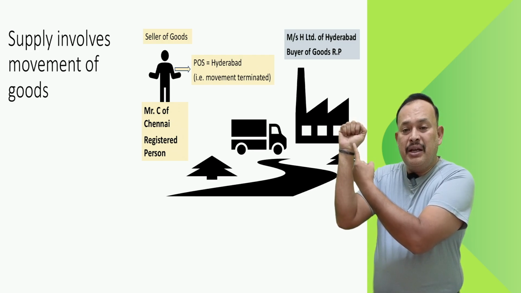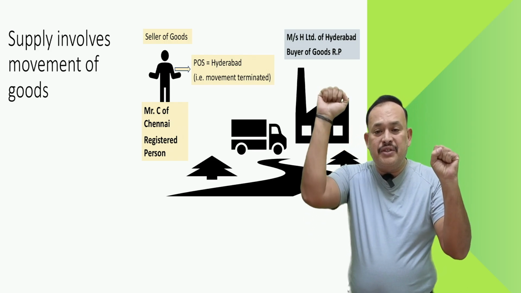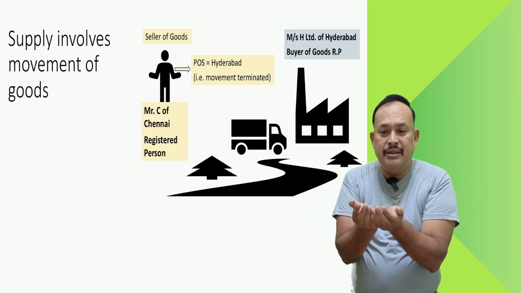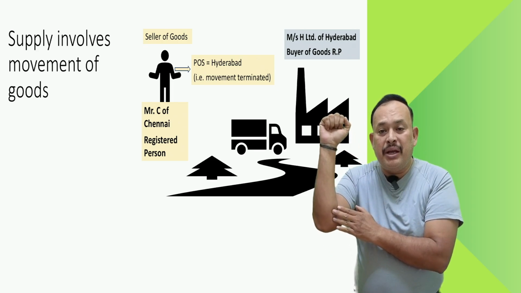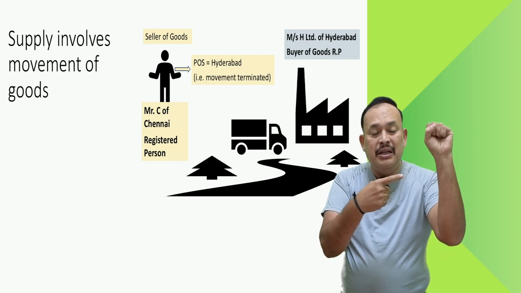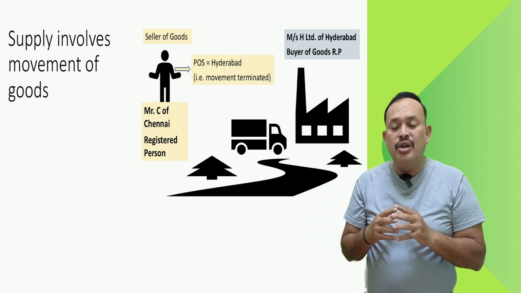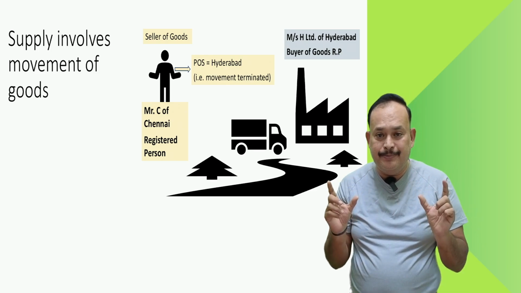Location of supplier, then place of supply. Location of supplier and place of supply both in the same state, then intrastate supply. Location of supplier in one state, place of supply in a different state, in that case, we will call it an interstate supply.